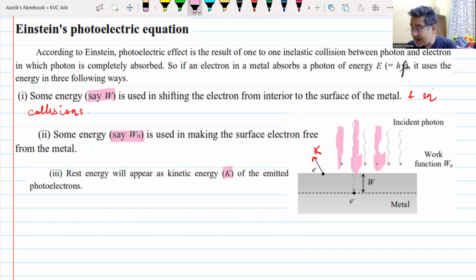And remember, this Einstein's photoelectric equation is based on which principle? Conservation of energy. Everything is conservation of energy. Based on the law of conservation of energy. So what will be the energy equation for this one?